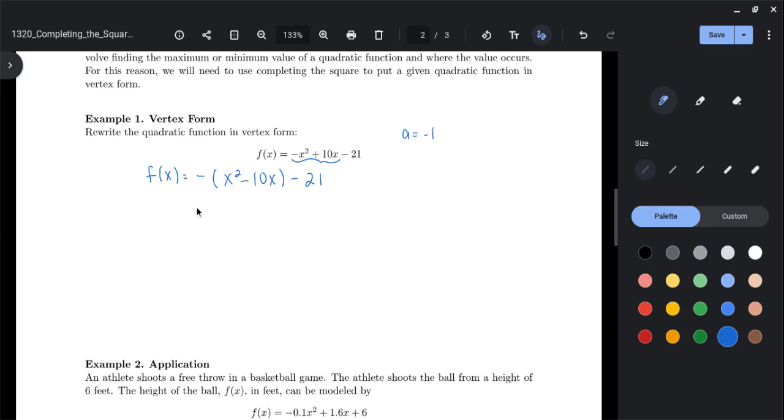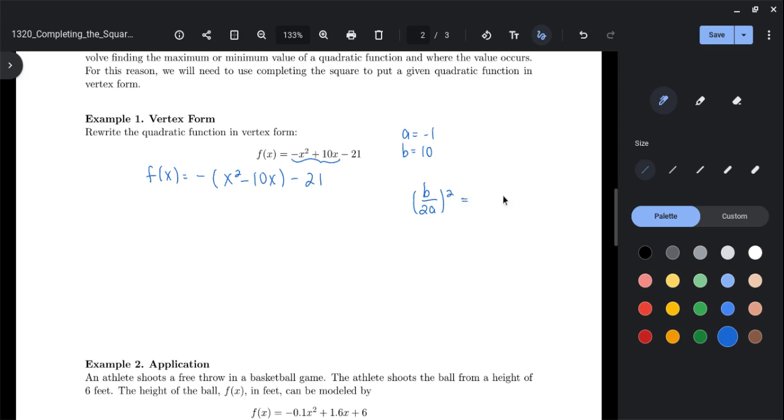All right, so now the second step was we were going to add in that little missing square. And remember, that square is (b over 2a) squared. And so let me identify our b from our equation. Well, that's the coefficient of our x, so it is 10.